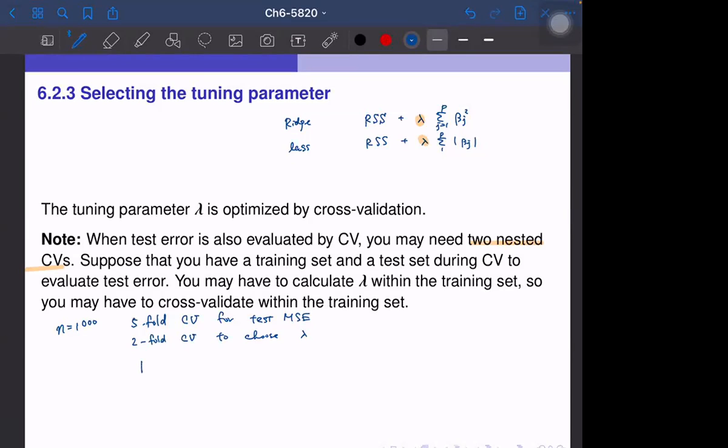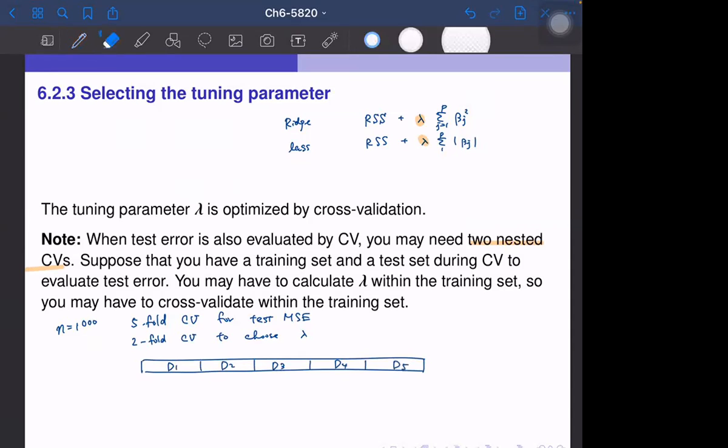We have 1000 observations, so we divide this data into 5 pieces: D1, D2, D3, D4, D5. We use the 5-fold cross-validation for evaluating test MSE.